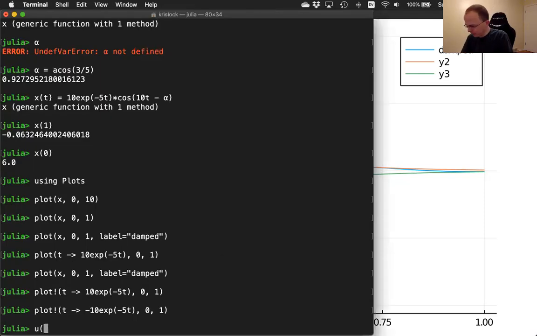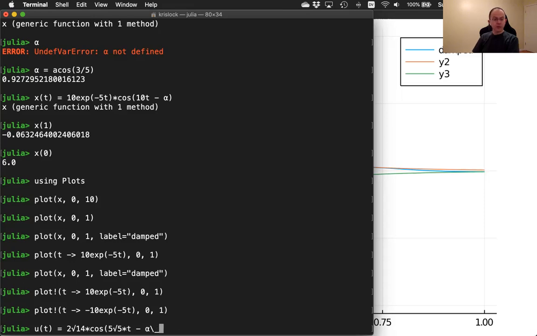Let's type in that function u. So u of t is 2 square root 14 times cosine of 5 square root 5 times t minus alpha naught.